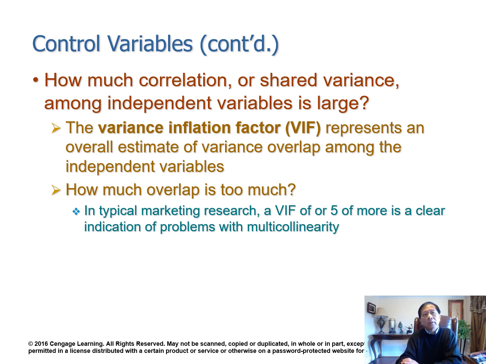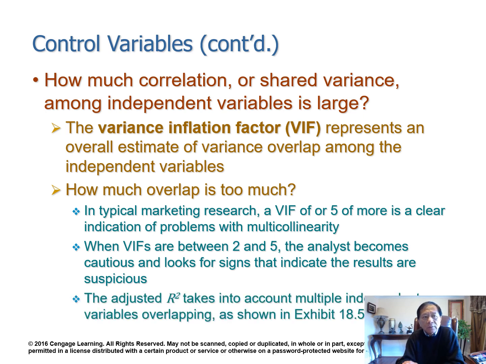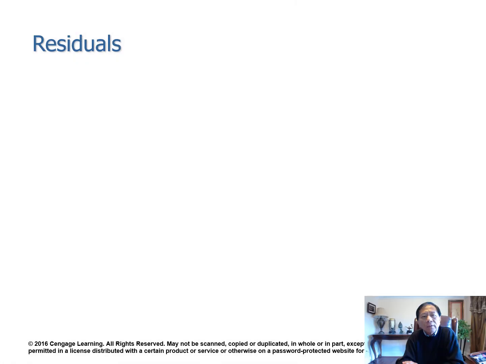When the VIFs are between 2 and 5, the analyst becomes cautious and looks for signs that indicate the results are suspicious. The adjusted R squared takes into account multiple independent variables overlapping.